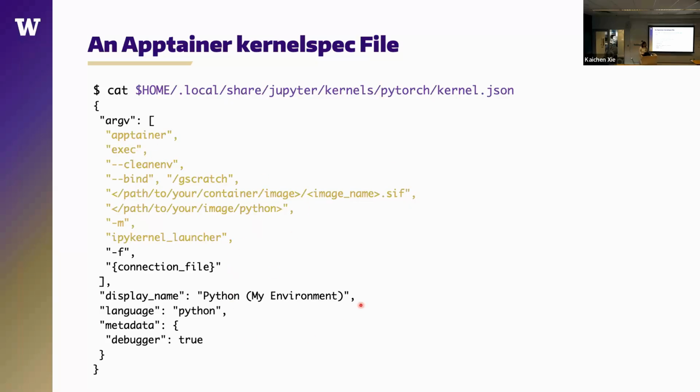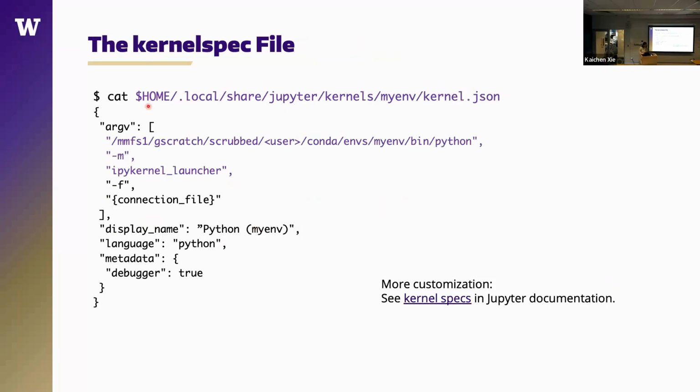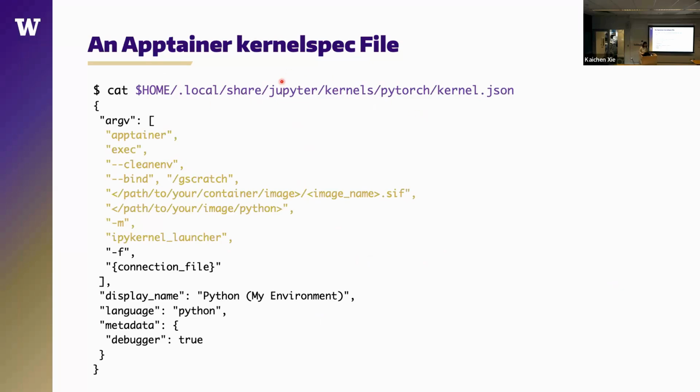And then create a kernel.json file similar to this example below, and put it in the same directory in your home directory, but with the name you want to name your container environment.